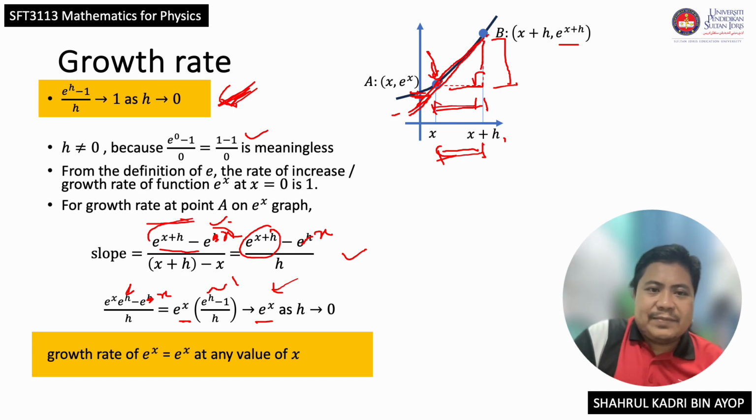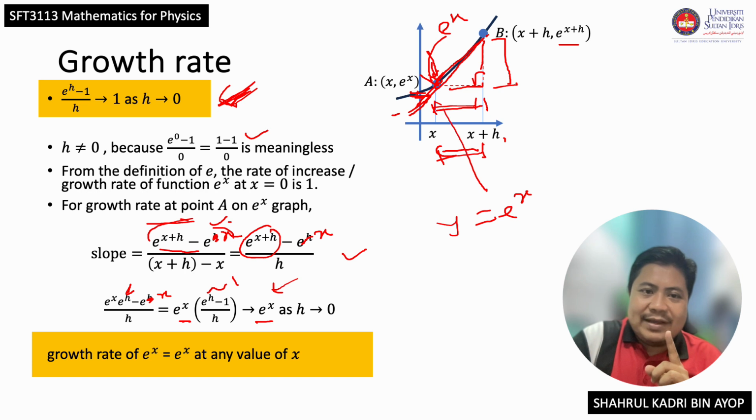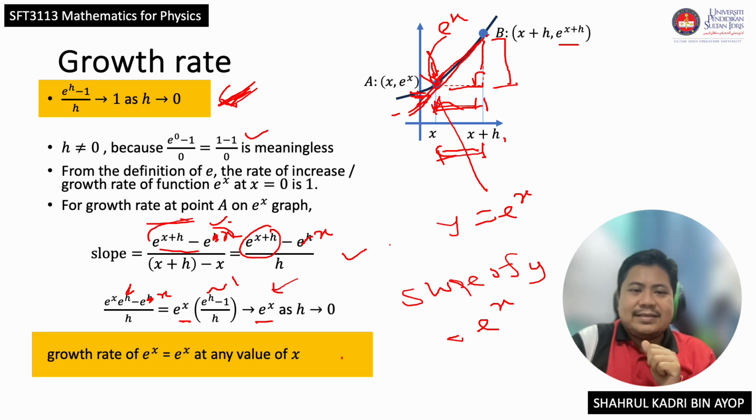So what it means is that the growth rate at this point is equal to the exponential function itself. So the growth rate of y equal to e power of x at any point x, that means the slope of y is also equal to y itself. This is the important thing that we can get from here.